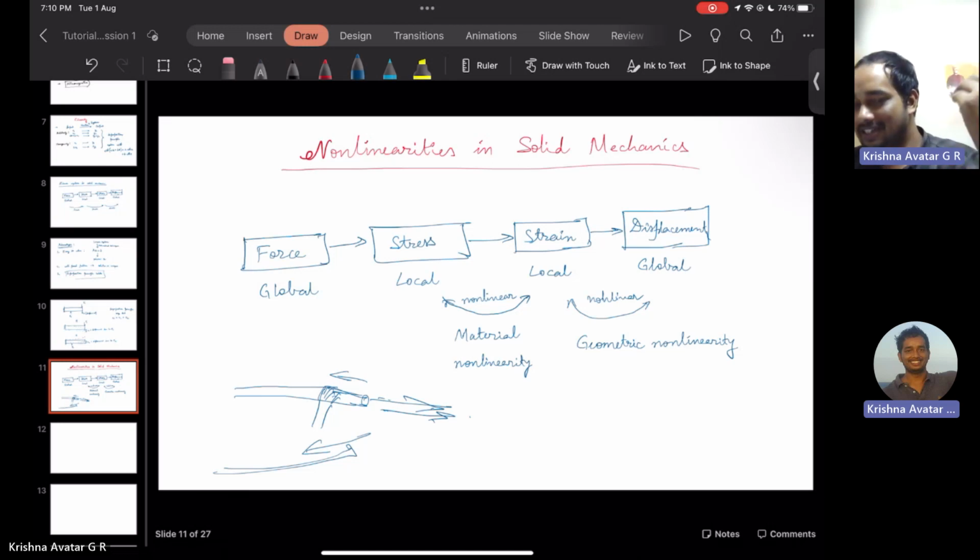So essentially you have to apply force boundary conditions which are dependent on the configuration of the fighter jet. So that's an example of force nonlinearity, right? When force depends on the state like this, then you have force nonlinearity.